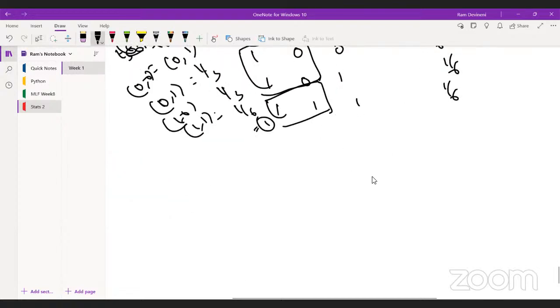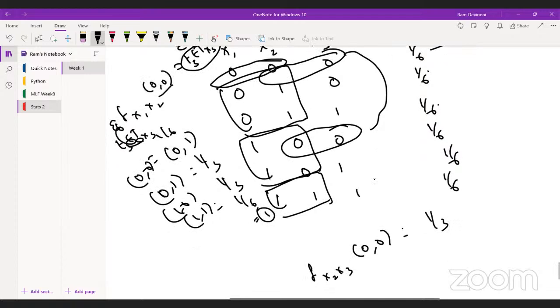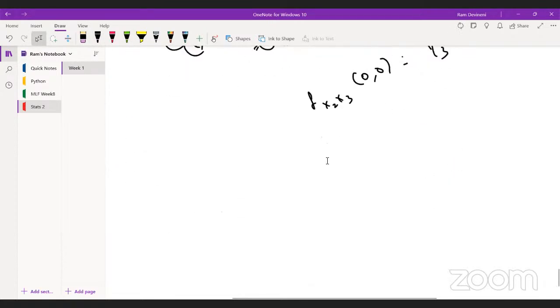So for this, the probability of 0, 0 is 1 by 6 plus 1 by 6, 1 by 3, because it took here and then here. And then 0, 1, it took only here, so 0, 1 is going to be 1 by 6.